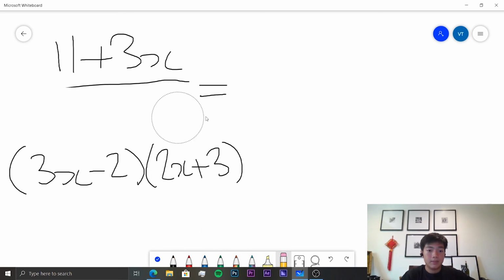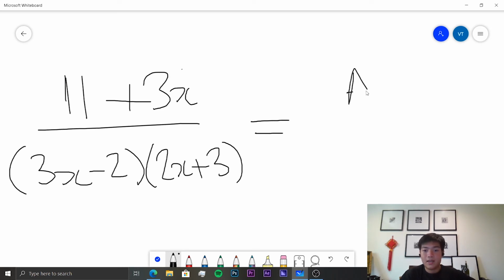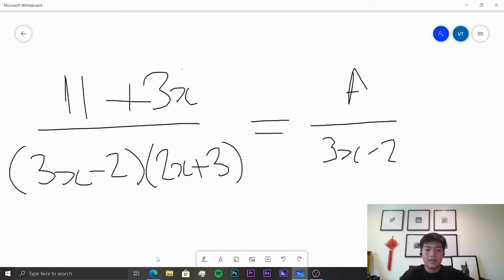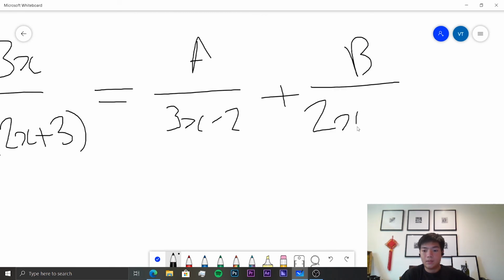So we can just simply erase that, and we can put 11 plus 3x over this. And we know it's equal to a over 3x minus 2 plus b over 2x plus 3.